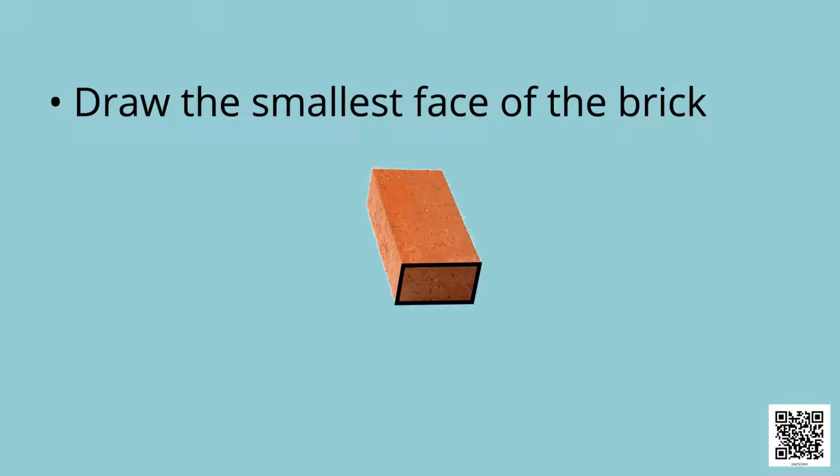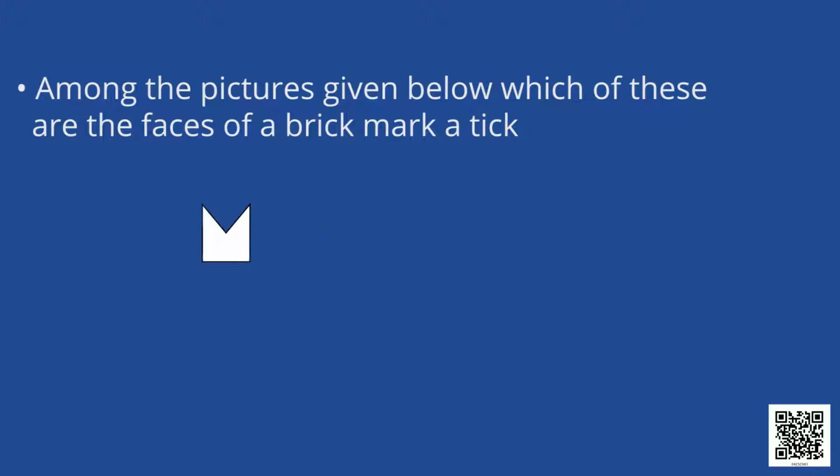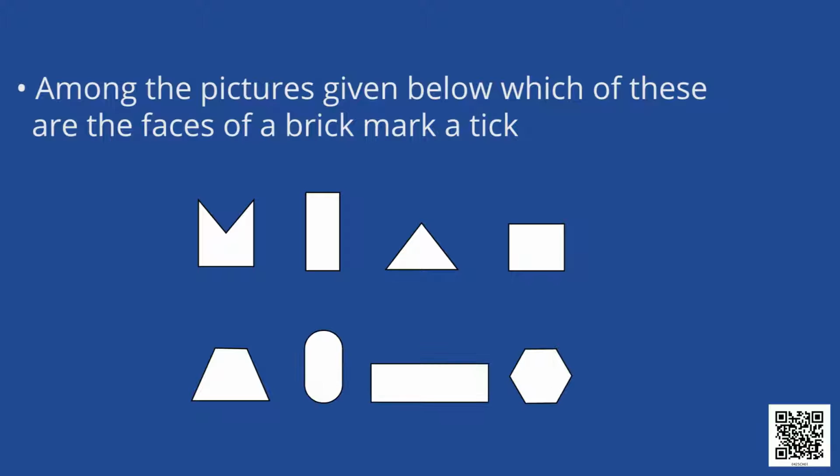Okay, let's move ahead. Among the pictures given below, which of these are the faces of a brick? Mark a tick or a correct sign. Carefully look at these pictures. Is it first, second, third, fourth, or sixth?